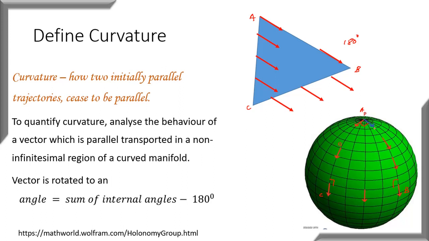And you can see that the angle to which the initial and the final vectors are rotated is equal to the sum of internal angles of a triangle which is drawn on that surface minus 180 degrees. You know that 180 degrees is the sum of internal angles in a Euclidean space. So this angle actually tells us how much my manifold has deviated from the normal Euclidean space, and this deviation is definitely its curvature.